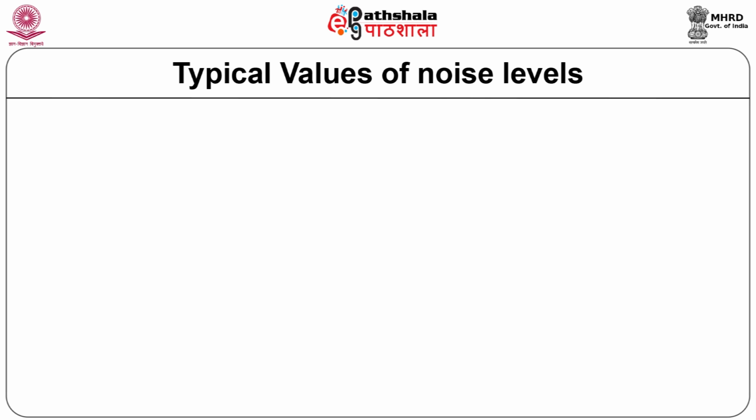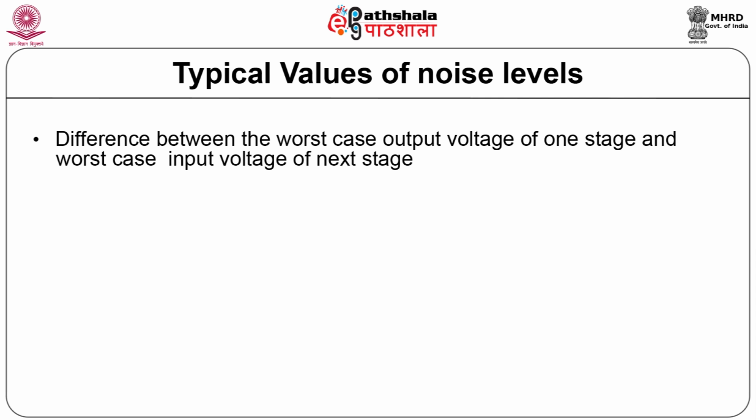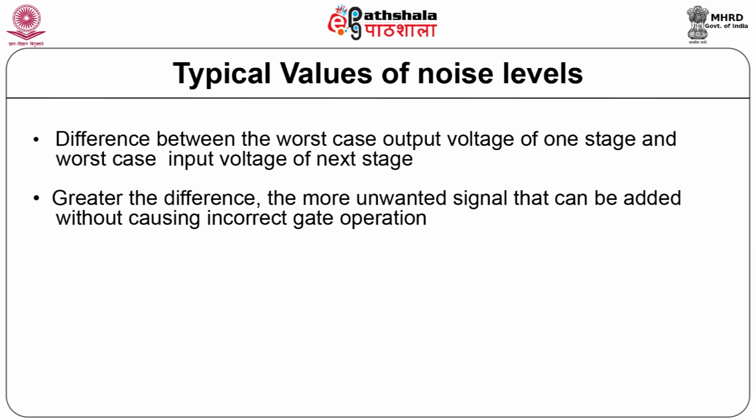Typical values of noise levels: difference between the worst case output voltage of one stage and worst case input voltage of the next stage. The greater the difference, the more unwanted signal that can be added without causing incorrect gate operation.